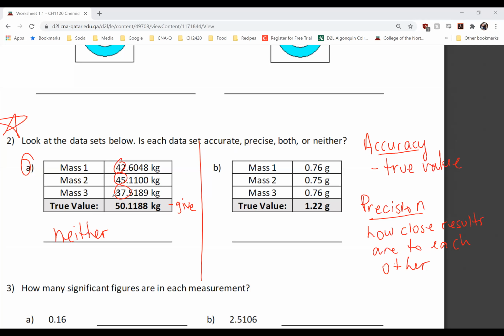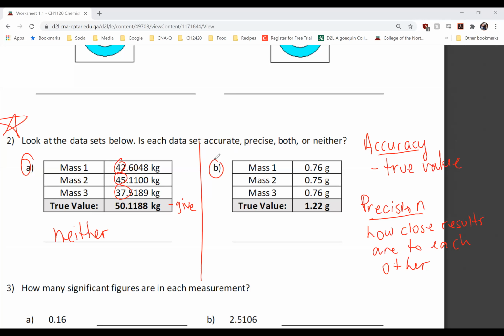B is a little bit different. I had a student this morning in class who really had a hard time wrapping her head around at what point something is not precise. And I will tell you, on any test or any final exam, it's very clear.